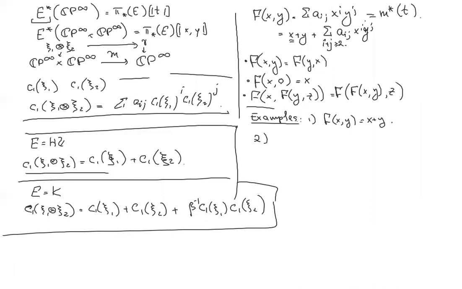The second example comes from K-theory. I suppose f of x, y is just x plus y, because there is no way not to write it, plus a x y.